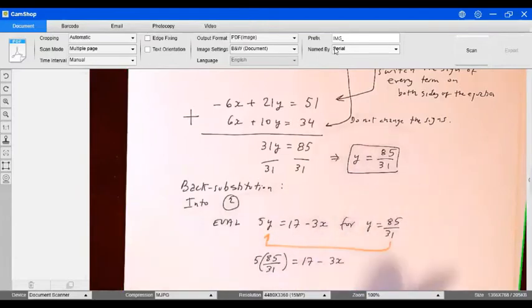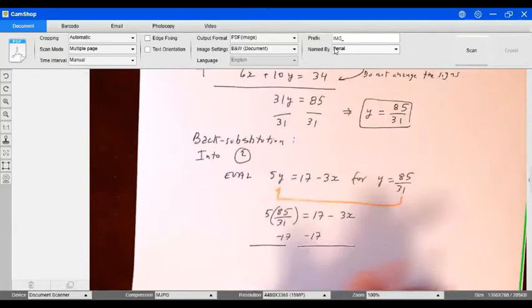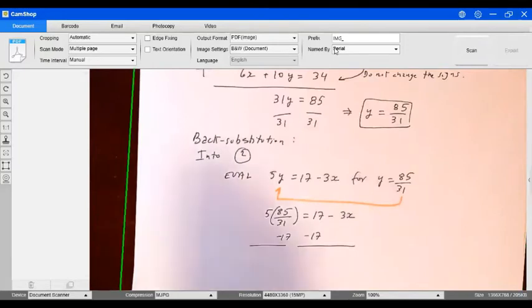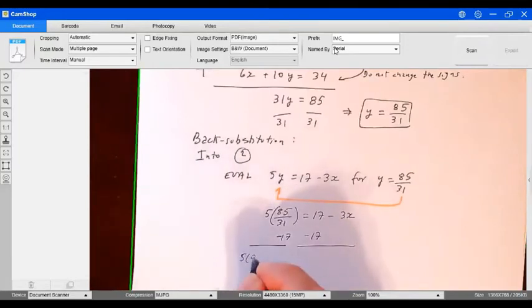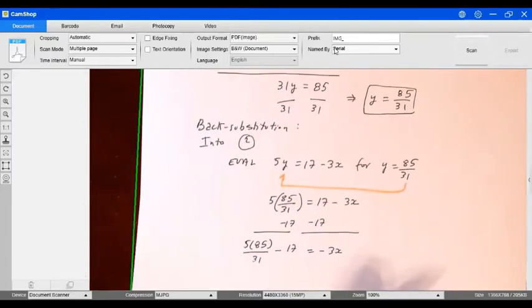So let's see. I need to solve for x now in this equation. So to solve for x, I'm going to need to subtract 17 from both sides of the equation. So I'm going to get 5 times 85 over 31 minus 17. And I'm going to need to multiply 17 by 31 to get the common denominator.